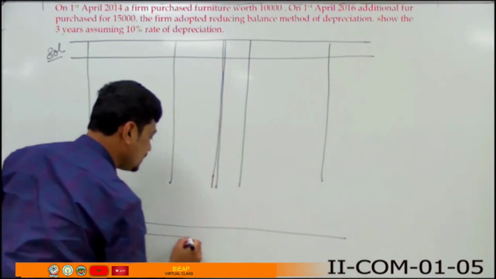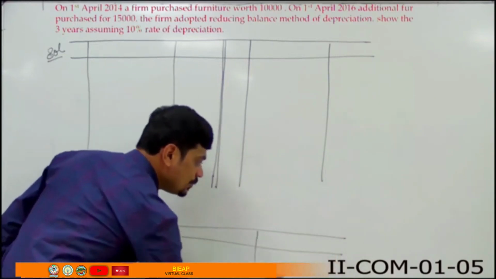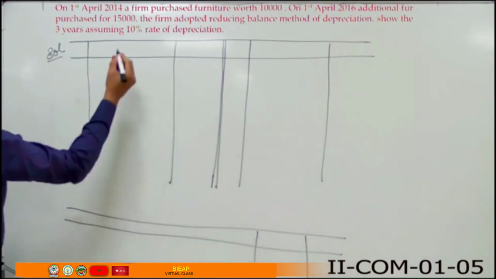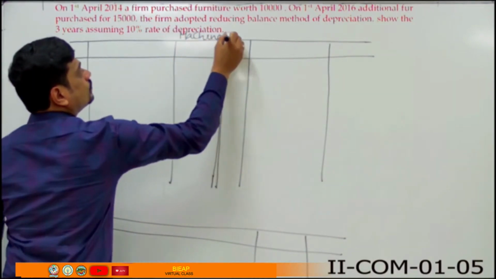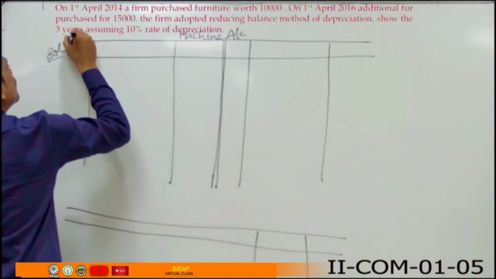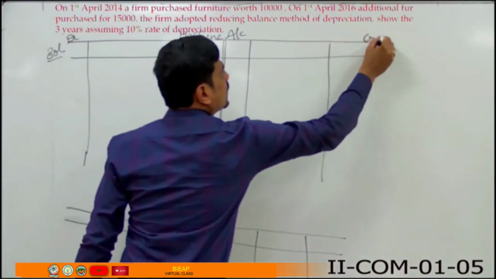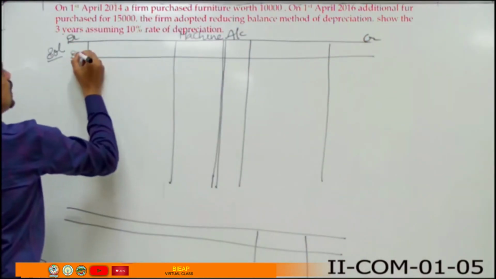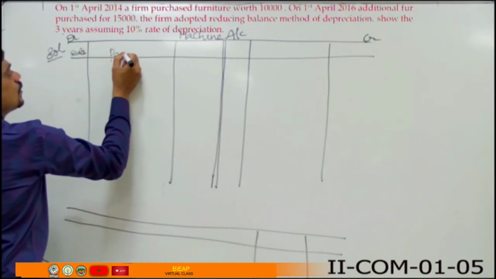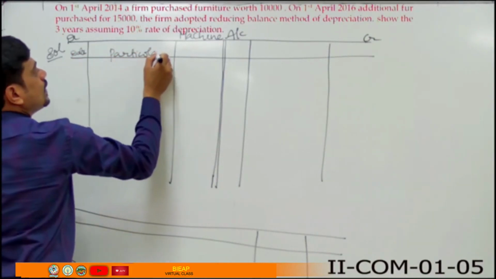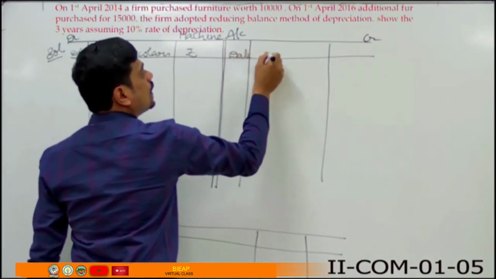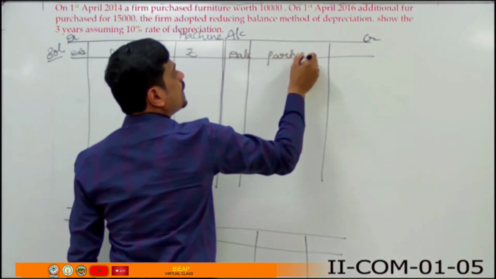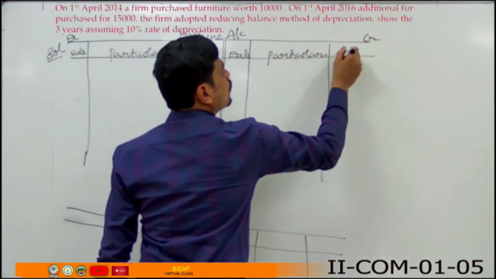Since we have 2 assets, as I told you, we'll maintain 2 columns. So machine account, debit, credit, with date column, particulars column, amount column.